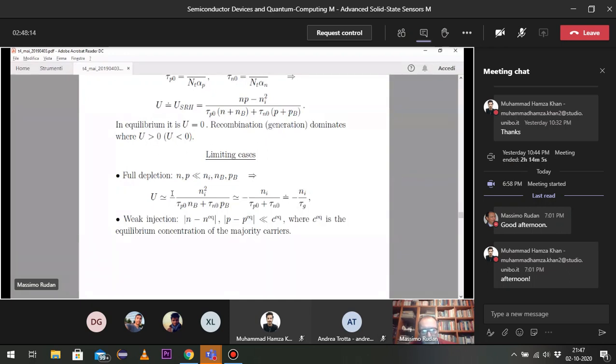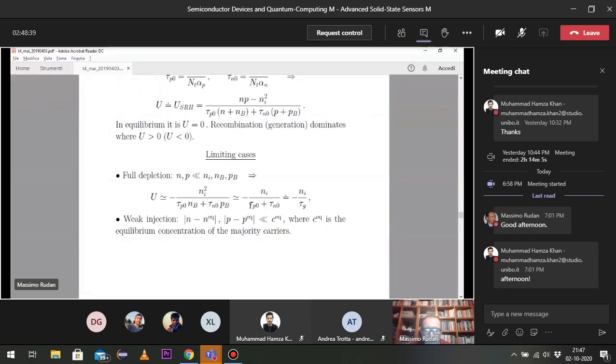We may further simplify the expression because NB is almost equal to Ni, PB is almost equal to Ni, so we cancel approximately Ni in the numerator and NB, PB in the denominator. So we have this simplified version, okay?